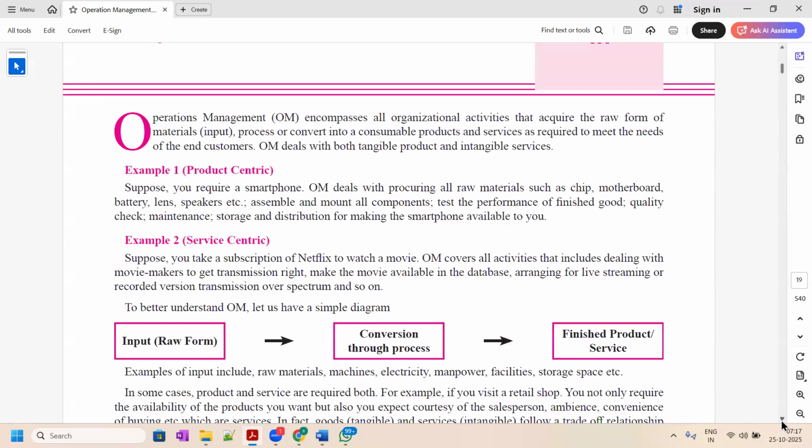So basically, when we talk about operation management, it is all about how organizations take raw materials or inputs and turn them into useful products or services that the customers need. I think everyone understands this topic. So what is operation?